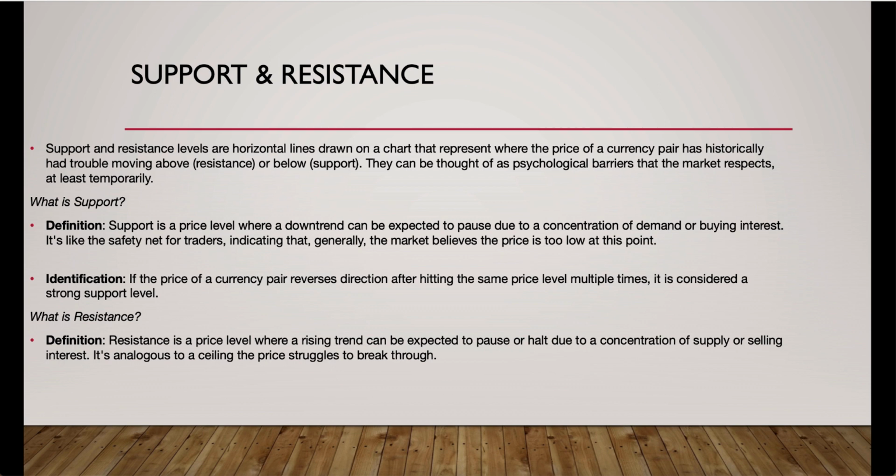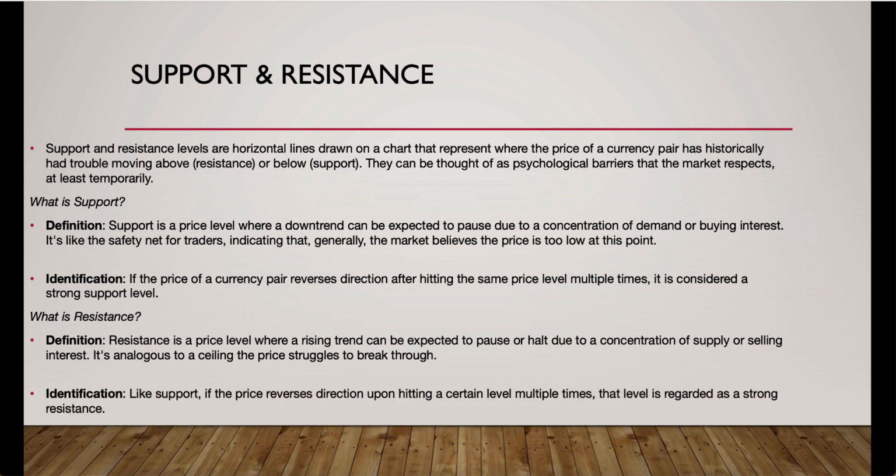And it's like a ceiling that you can't break, because that's a hard ceiling, and basically that ceiling is being respected. So in the same way, support is the floor, and resistance is a ceiling that the price struggles to break through, and the more times it bounces off that level, and the more it holds that level, the more it shows respect to that level, which means it's a strong resistance level.